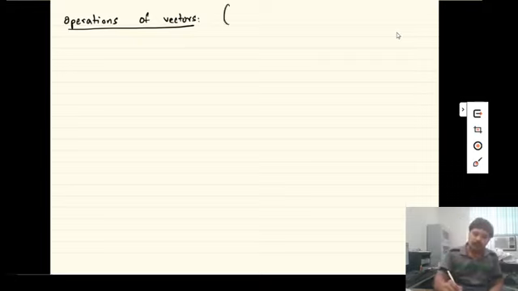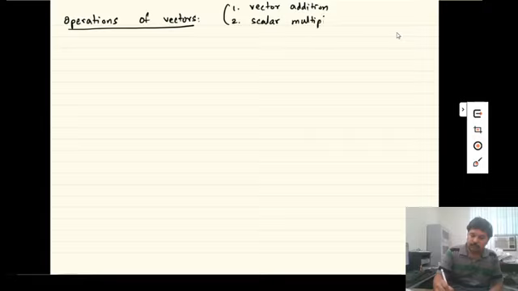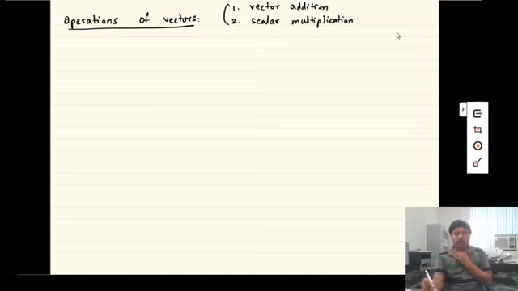The two important operations that we want to look at are vector addition, and second is scalar multiplication. So these are the two important operations that we want to focus on.